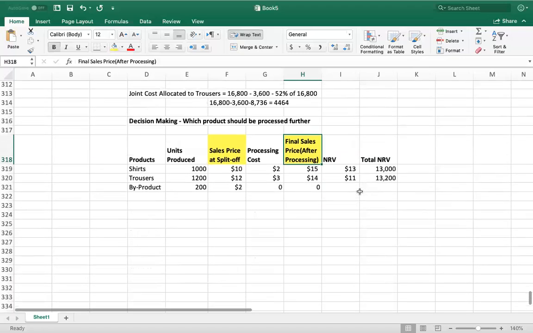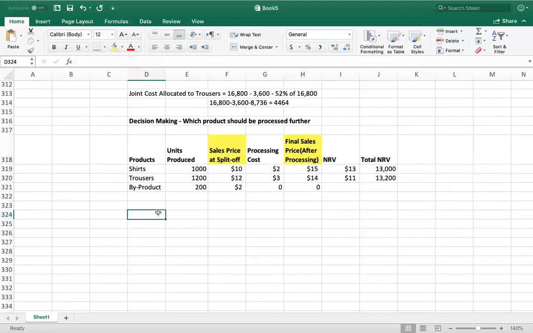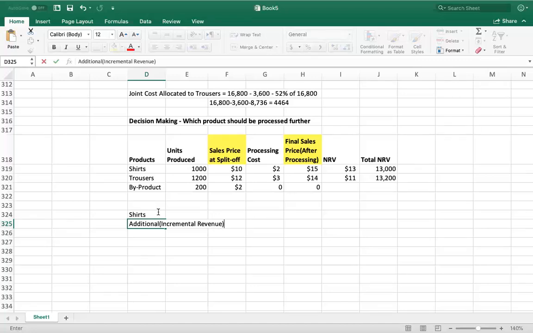Let me put it here. Shirts. First we will see shirts. Additional is also known as incremental. Last time we discussed incremental. Incremental means additional revenue. For shirt, how much will we get? We have 15 minus 10, so this will give you 5 additional revenue.